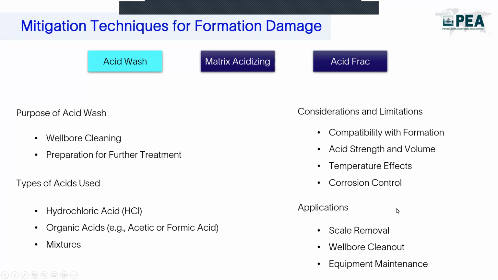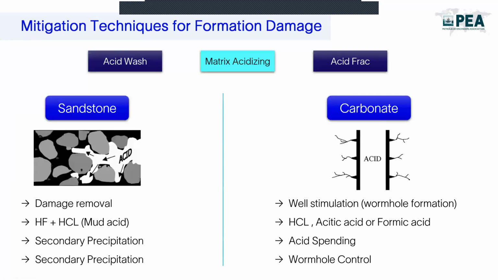So moving to matrix acidizing. Matrix acidizing, as I have mentioned, is applying or injecting the acid with a pressure above the reservoir pressure, but lower than the fracture pressure.